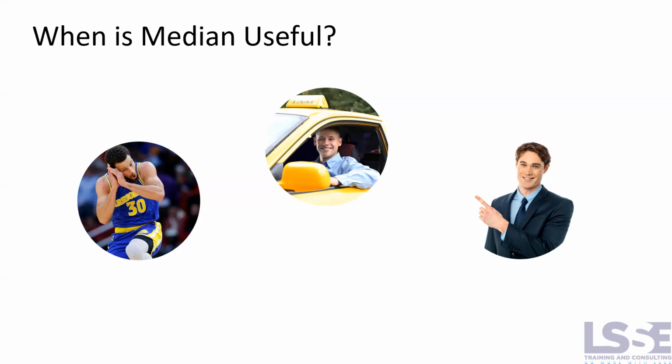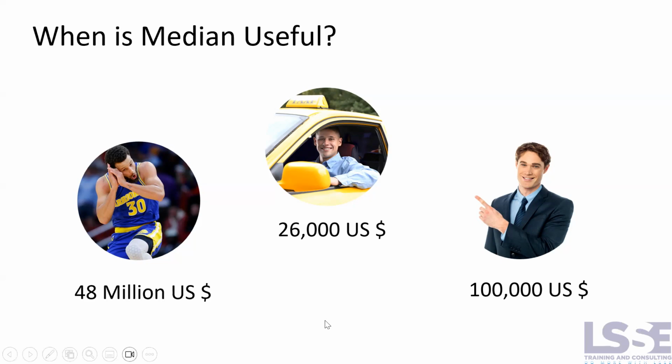So let's look at their annual salary. A typical taxi driver would earn 26,000 US dollars per year. A typical banker would earn 100,000 US dollars per year. And Stephen Curry earns 48 million US dollars a year.